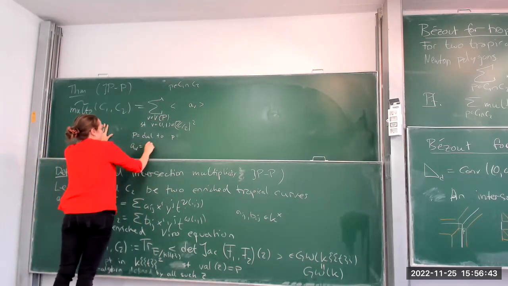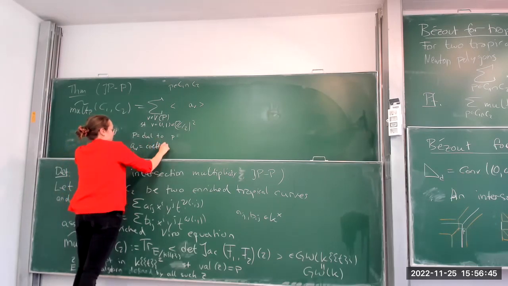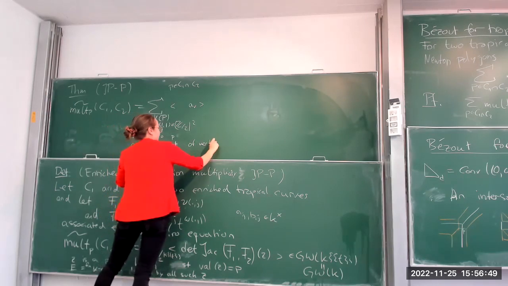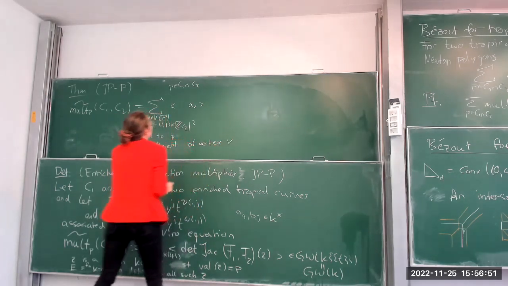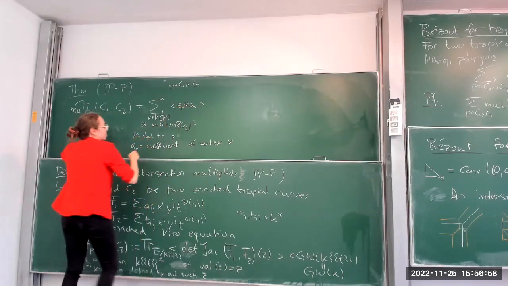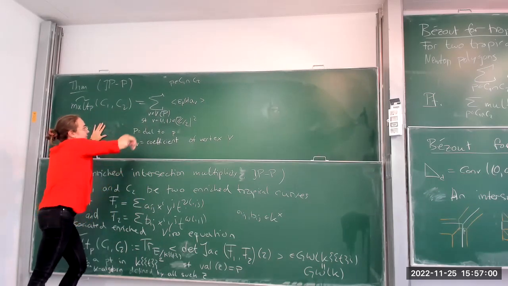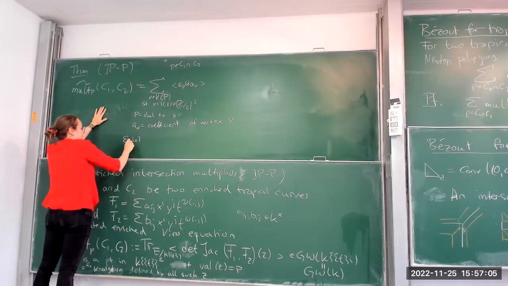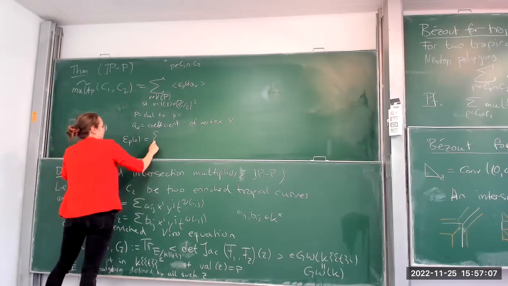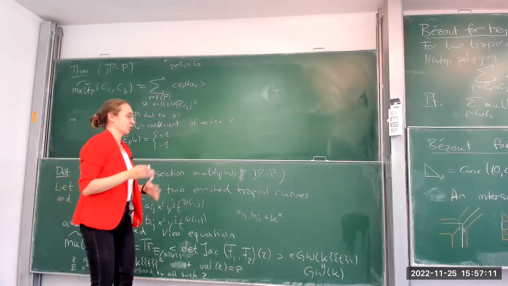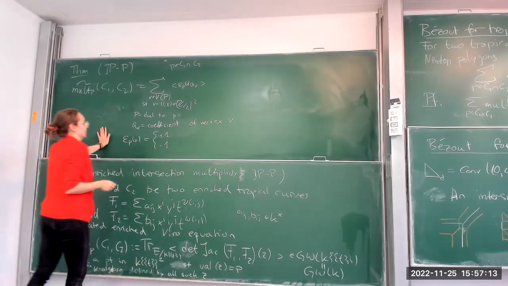A_B is the coefficient of the vertex B. And I have to remember a sign, which depends on B and the parallelogram. So this is equal to plus or minus 1. Epsilon P B equals either plus or minus 1. That's really in which way the tropical curves intersect.